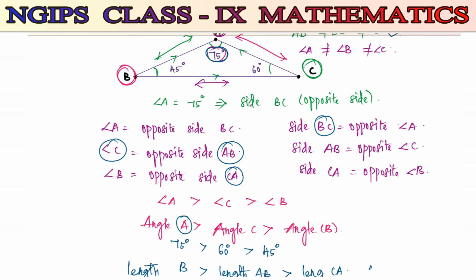Here the greatest side is BC in this triangle. So opposite to BC, the angle is A. So here angle A is also greater than the remaining two angles of this triangle. So this is the first theorem.